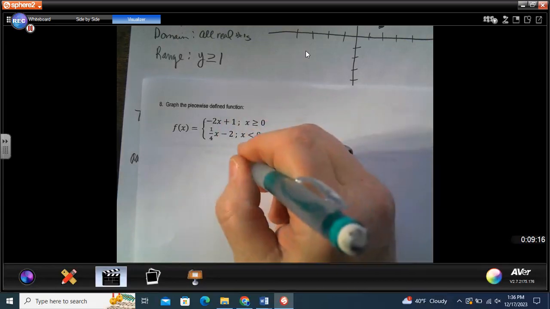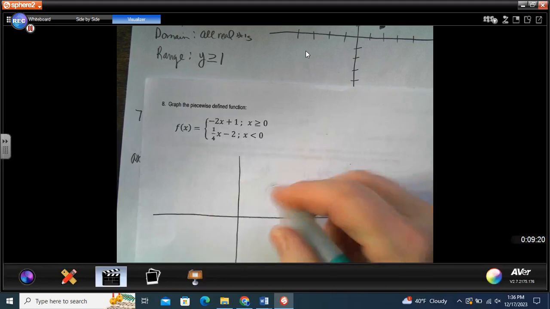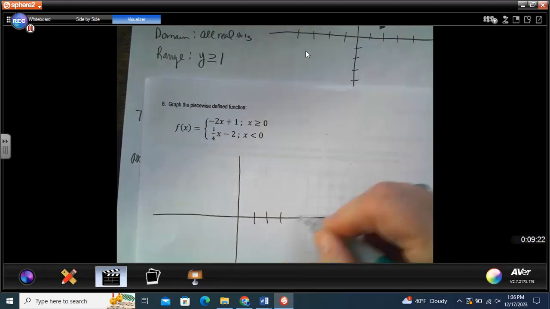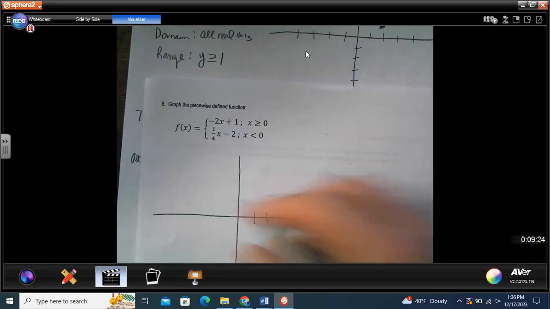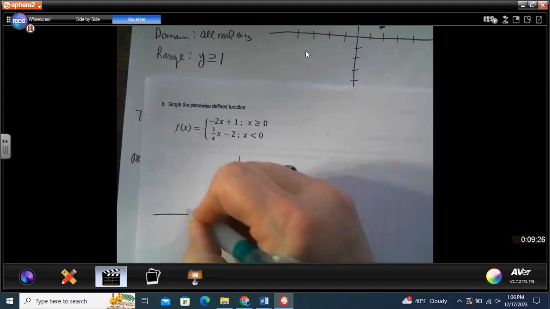And then here, draw my graph, and again there'll be graph paper on the test for this.